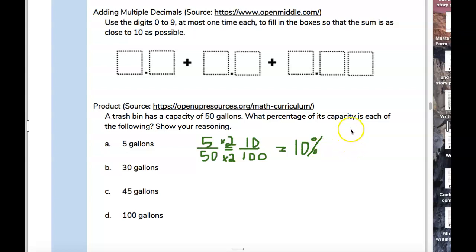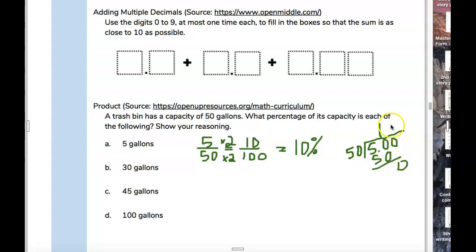If you wanted to do it another way, 5 over 50 is a division problem. 5 divided by 50. Well, you know that 50 won't go into 5. So you have to add a decimal and add a couple zeros here. So will 50 go into 5? No. But will 50 go into 50? Yes, once. 1 times 50 is 50. 0.